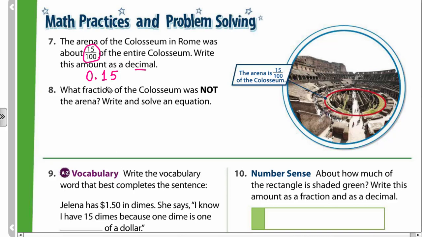Can you read this number? Okay, read it. 0.15. Okay, this is 15 what? Tenths or hundredths? Hundredths. Okay, thank you, Abdulaziz.